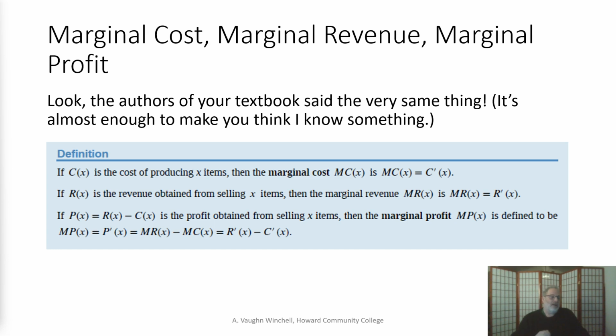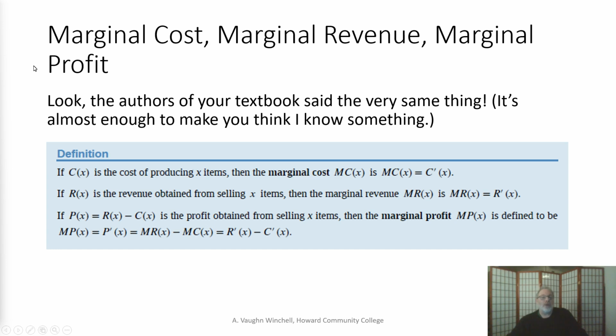So if I am doing the skateboard business, C of 200 is the cost to make 200 skateboards. This will become important because later I'm going to ask about what is the cost of the 200th skateboard, and that's a different question. C of X is the cost to make a big pile of them, 200 or whatever.